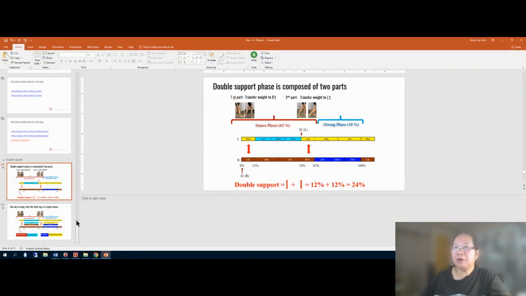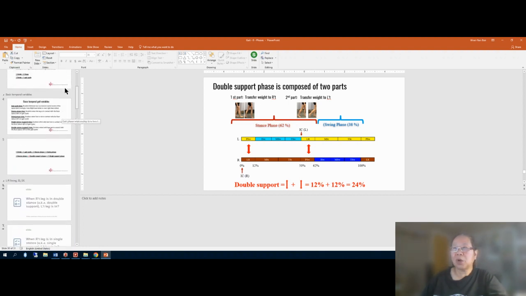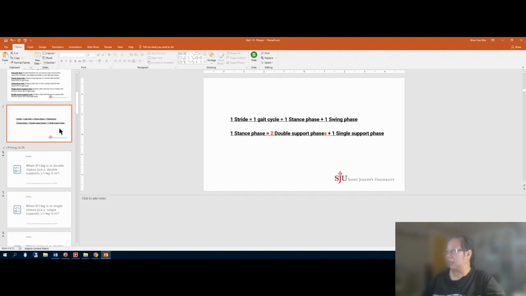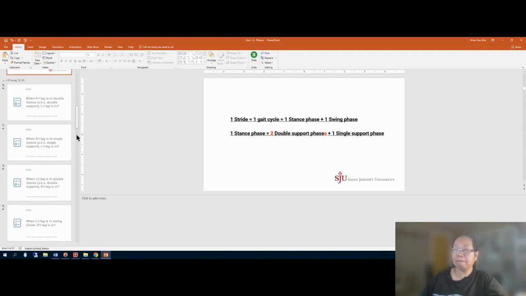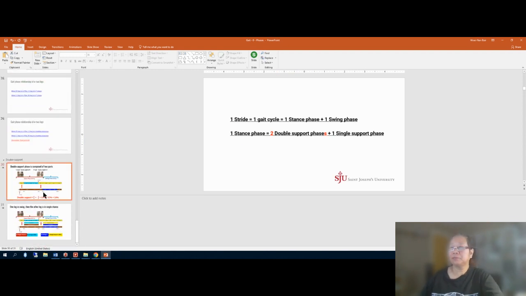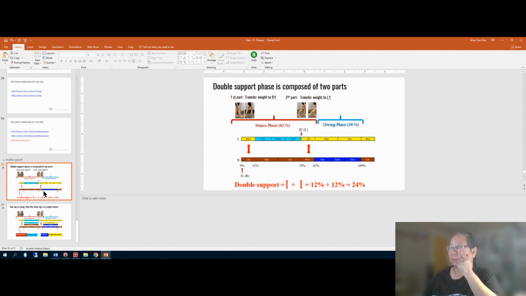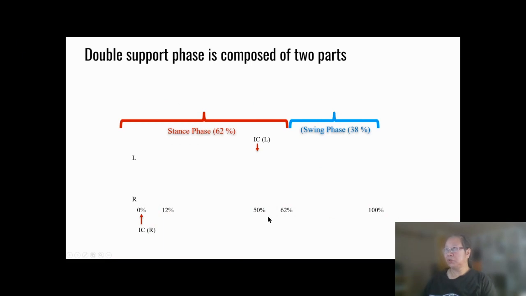So remember when I talked about the review here, I said one stance phase has one single support and two double support. Now I'm going to explain the details of the two double support. Two double support within one stance phase.